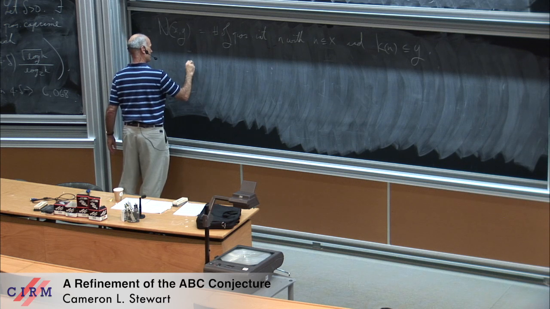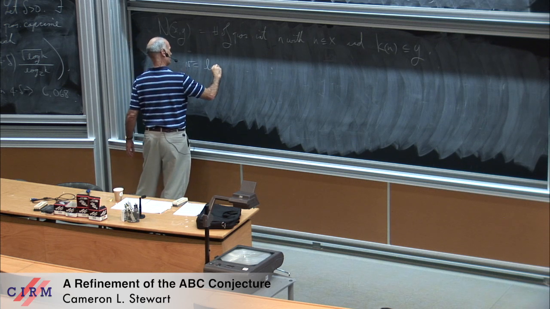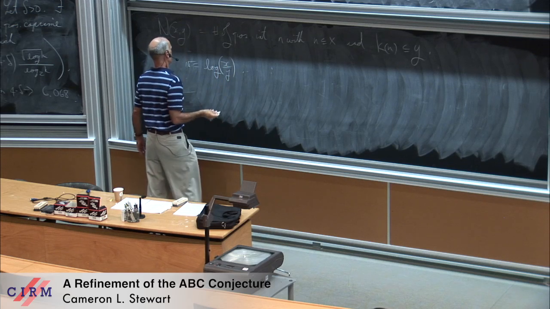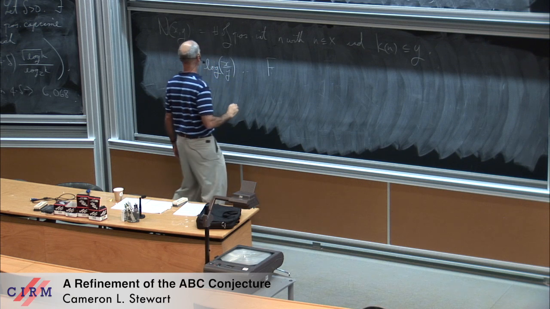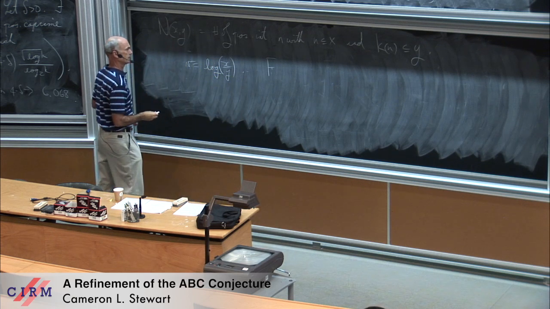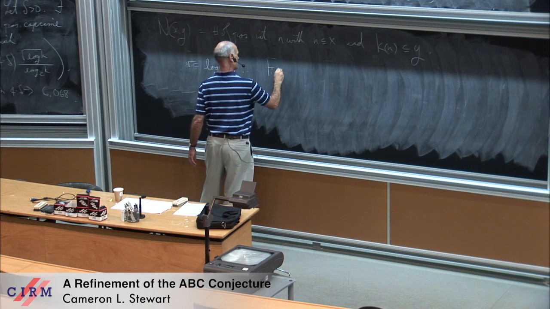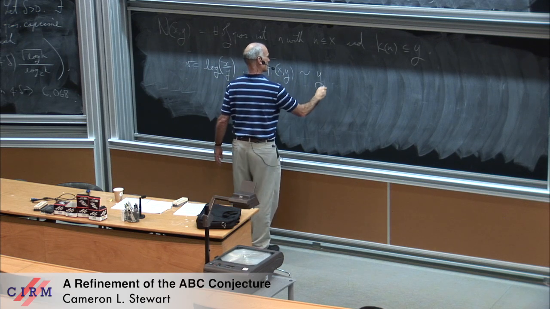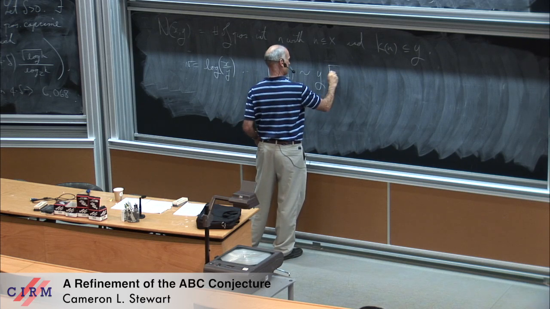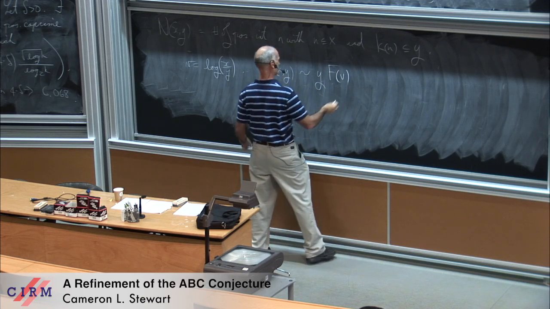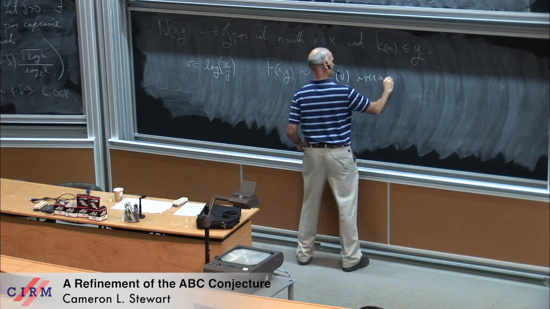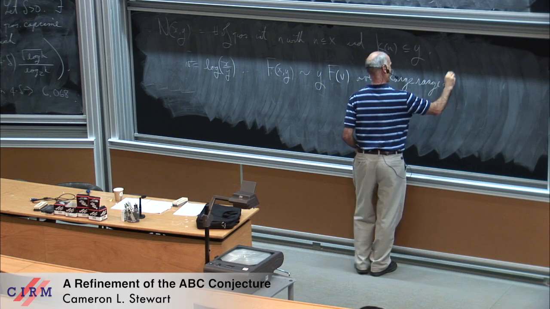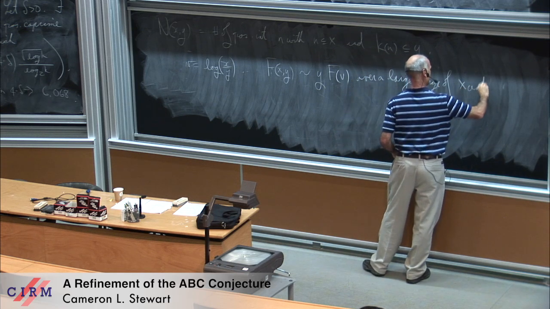Let's put v equal to log of x over y. What Tenenbaum and Robert prove is that N(x,y) behaves like y f(v) over a large range of x and y.